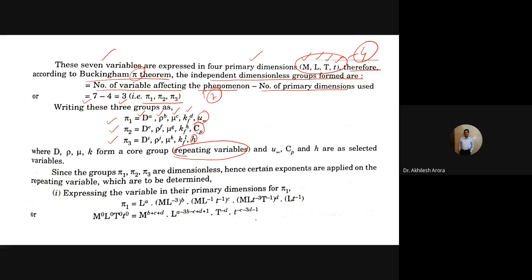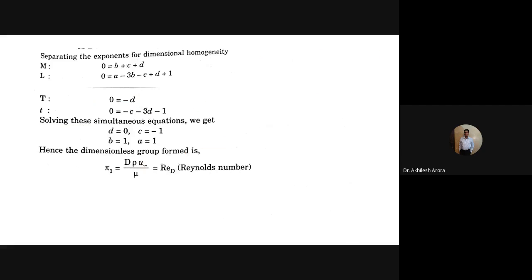After doing this, we can write the dimensions on the left side and the dimensions on the right side, and equate the various terms. We separate the exponents of the dimensions for dimensional homogeneity. Here we have separated it for mass: the left side is 0, and the right side will be this.